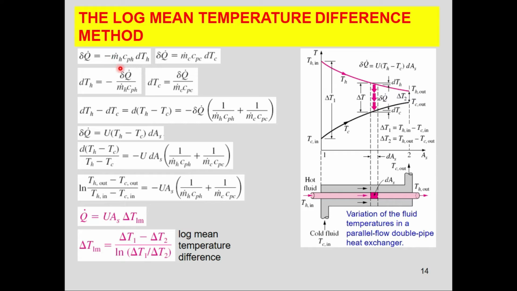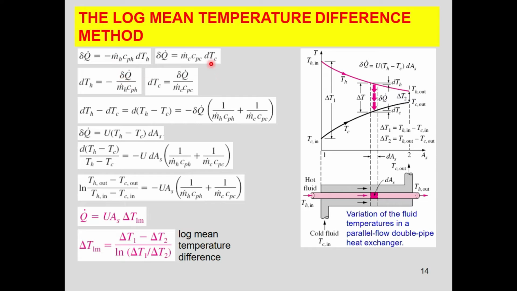This is the energy balance over the control element in the hot fluid stream, and this is the energy balance for the control element along the cold fluid stream, right? So we just rearrange this equation into this one. We'll take delta TH on one side and keep all the other parameters on the right hand side.